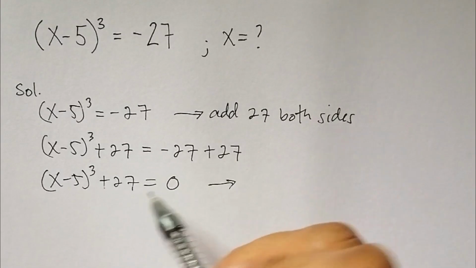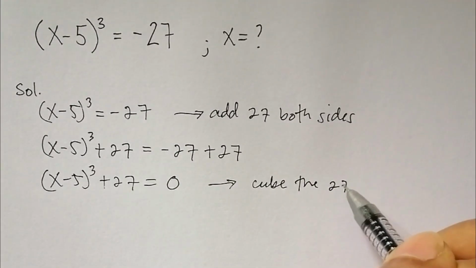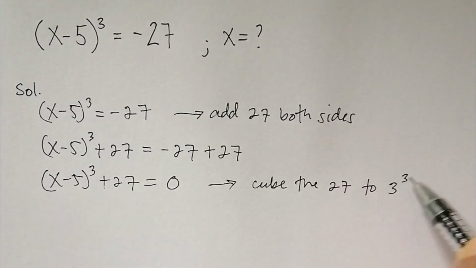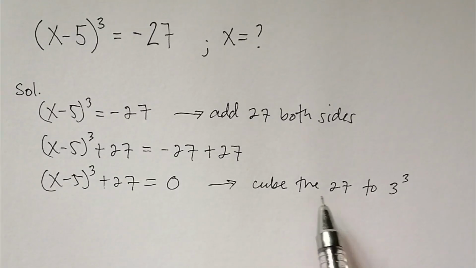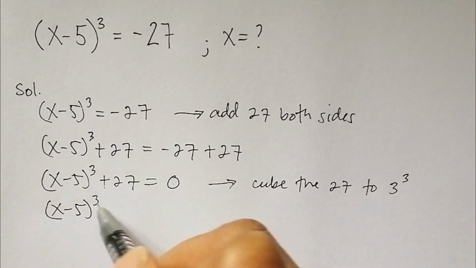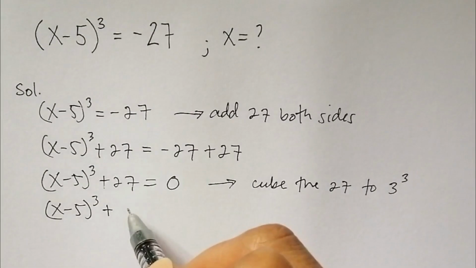Then we're gonna get the factor of 27. This will be written as 3 raised to 3. Then we write 3 raised to 3 instead of 27.